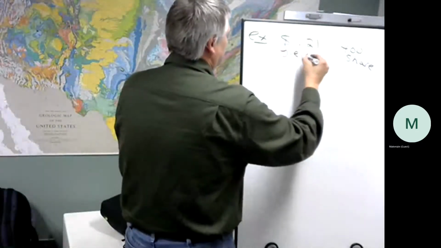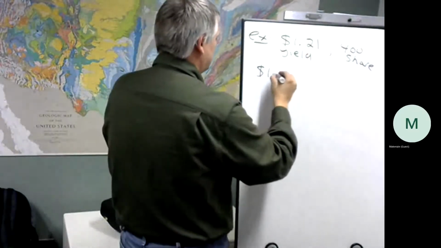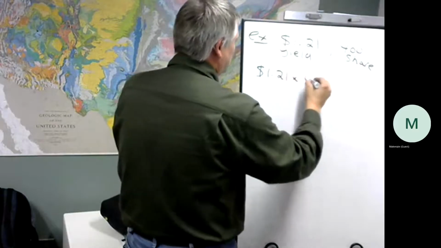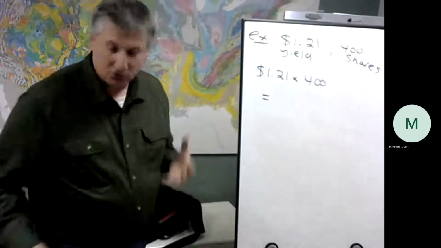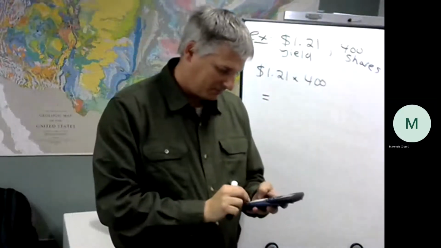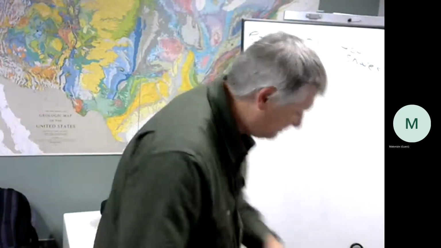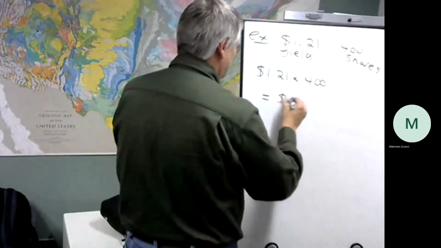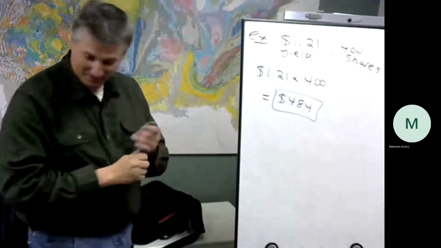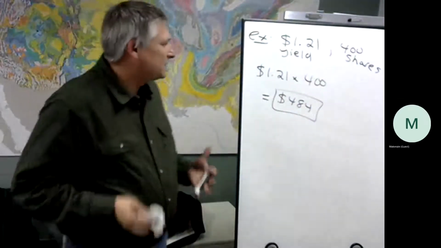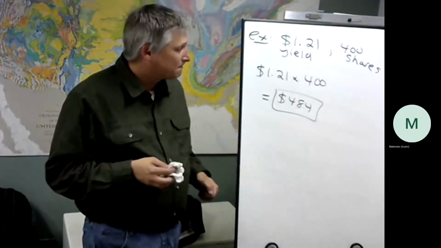We take the $1.21, multiply by the 400 shares, and that gives the total yield, which comes out to $484. That's the total yield for all the shares that we own.